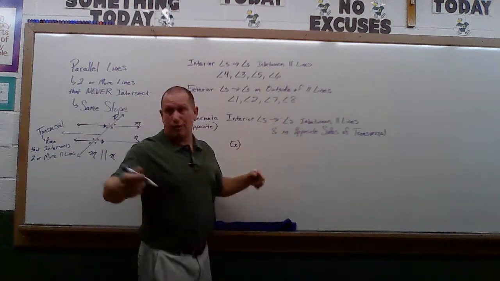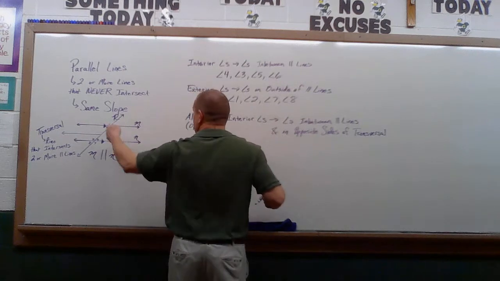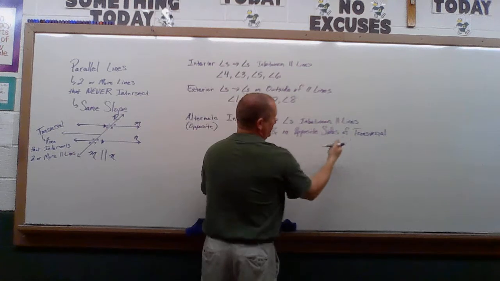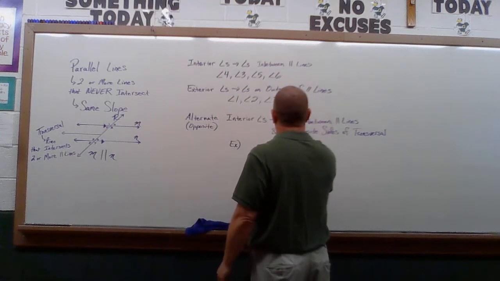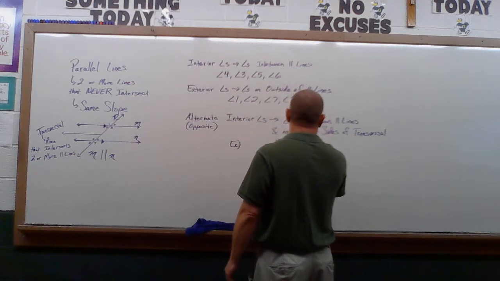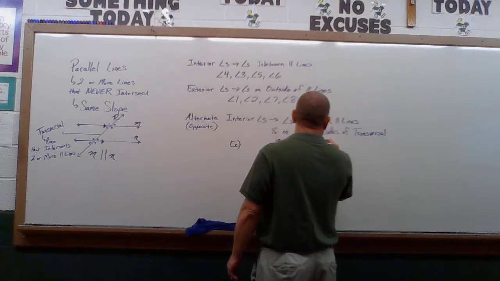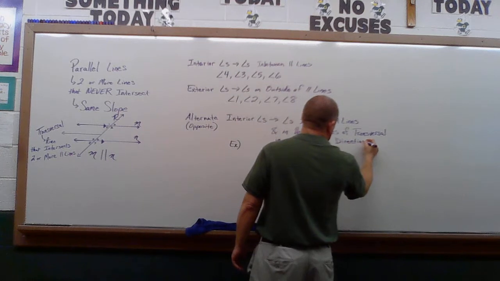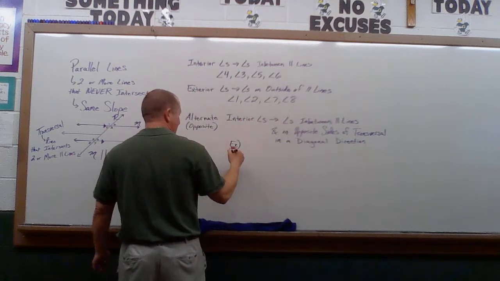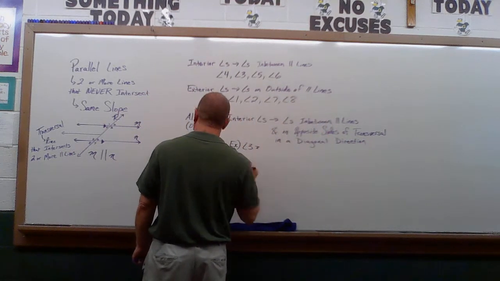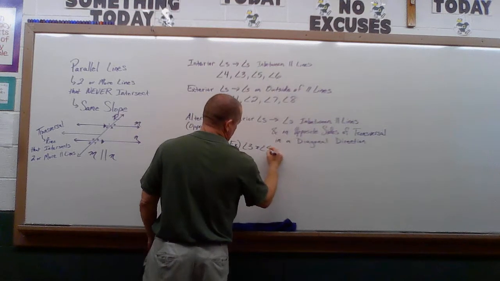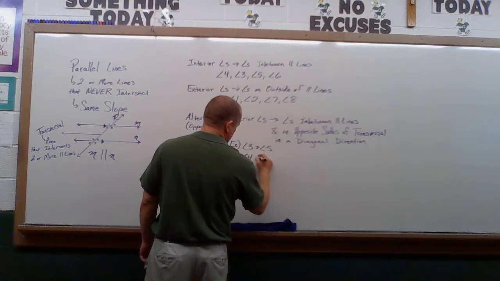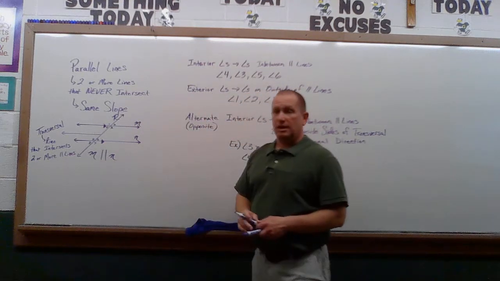So in between parallel lines and on opposite sides of the transversal in a diagonal direction. Does that help? So what do we say? Angle 3 and angle 5. What's my other set? Angle 4 and angle 6. Everybody get that?